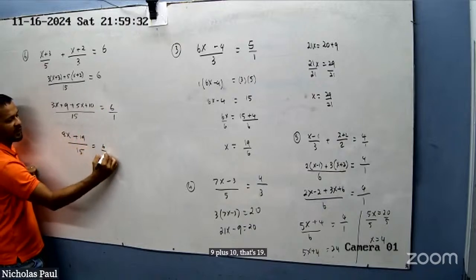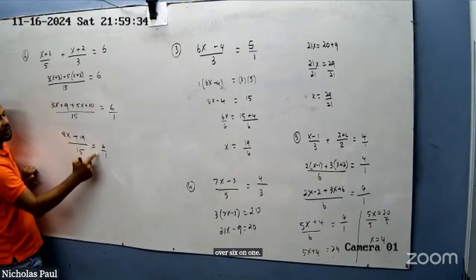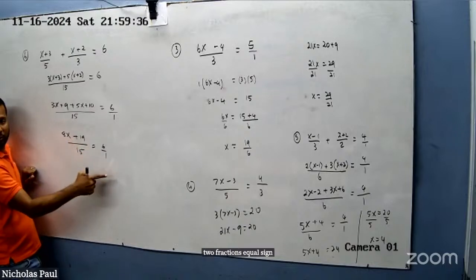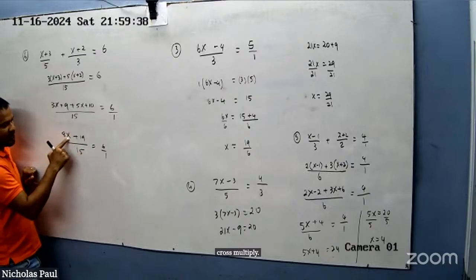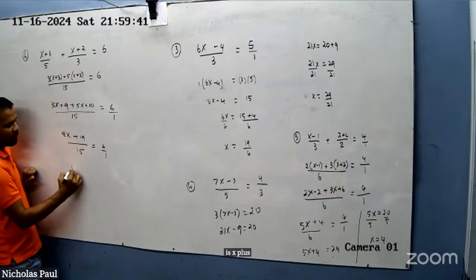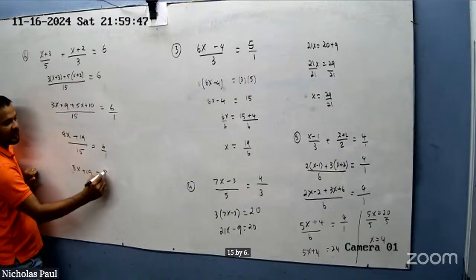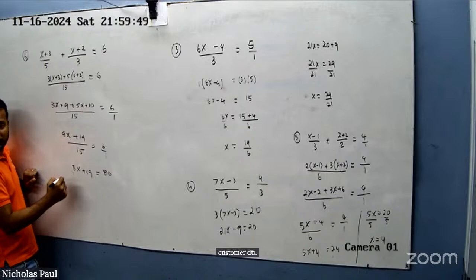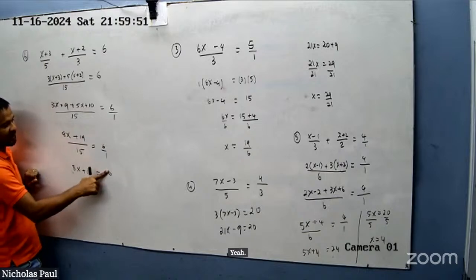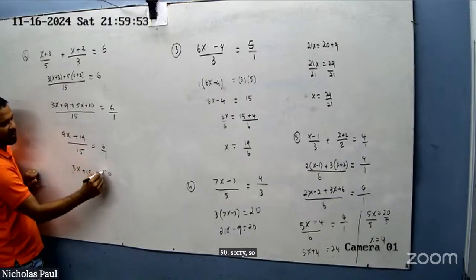Over 15 equals 6 on 1. Two fractions, equal sign, cross multiply. 8x plus 19 by 1 is 8x plus 19, and 15 by 6 is 30 plus 60, sorry, 90.